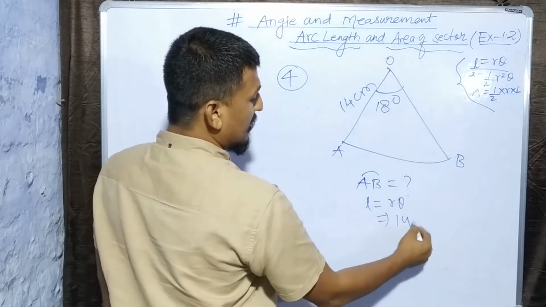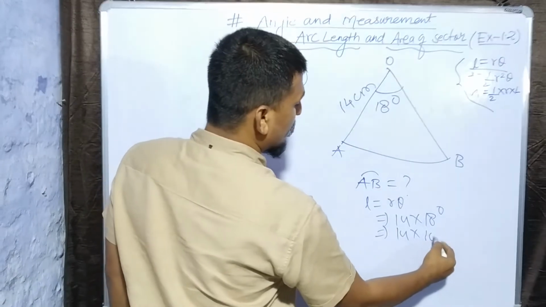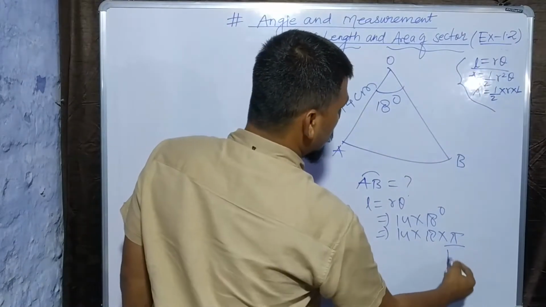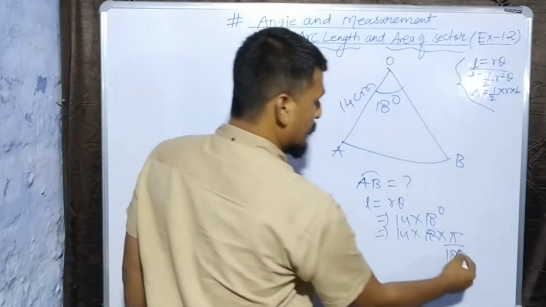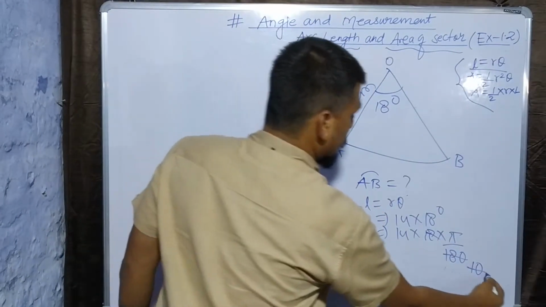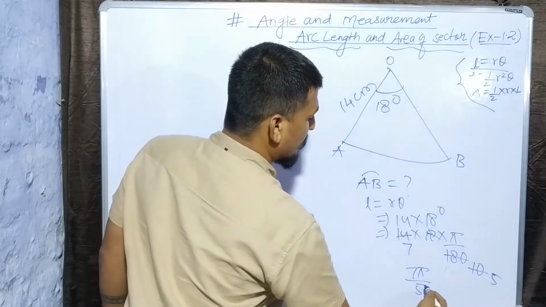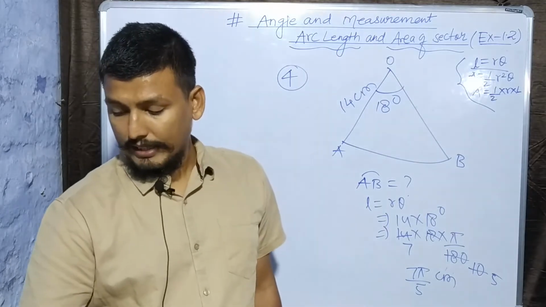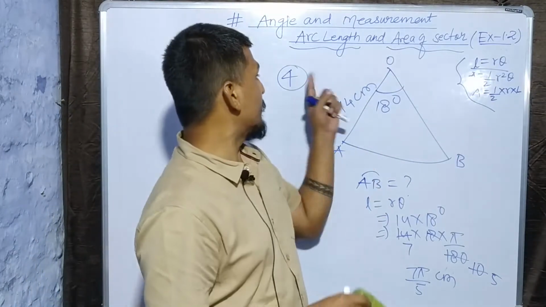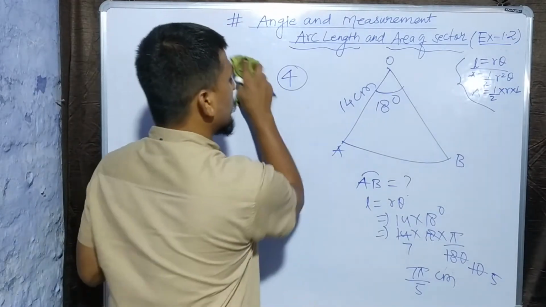Again it is very simple. 14 into 18 degree. So this becomes 14 into 18 into pi by 180. This becomes 10, this becomes 5. This becomes 7. So we have 7 pi by 5 centimeter. 7 pi by 5 centimeter is the answer for question number 4. Let's move to question number 5.